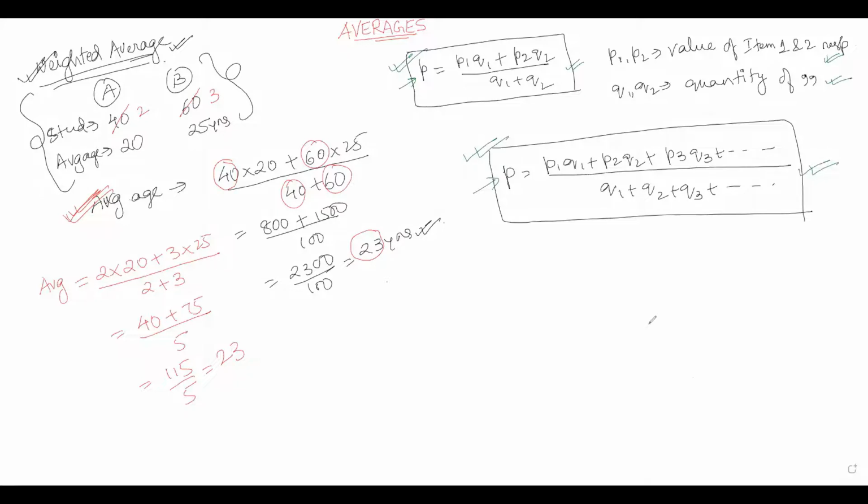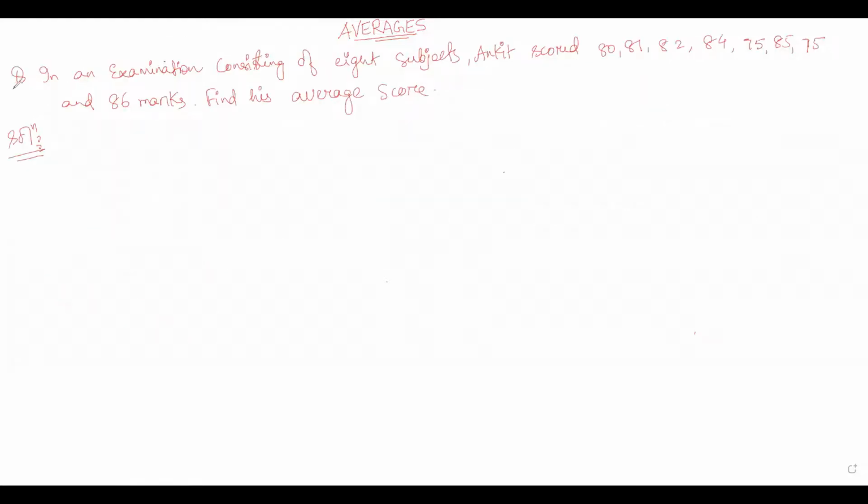Okay, so now let us see some questions based on the concepts that we have learned. Let us start with this question. In an examination consisting of 8 subjects, Ankit scored 80, 81, 82, 84, 75, 85, 75, and 86 marks. Find his average score.